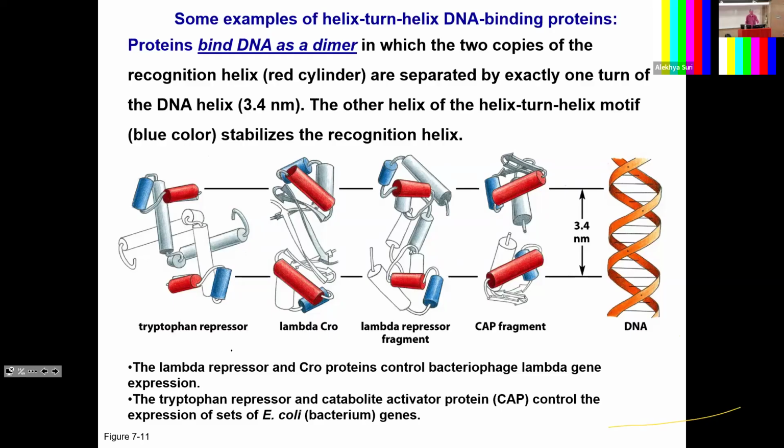And they would bind in a specific distance here, you see on the right side. So, okay, helix turn helix DNA binding proteins bind as a dimer to DNA.